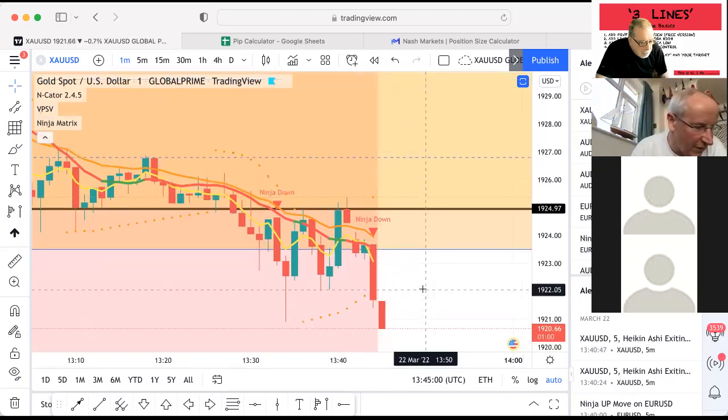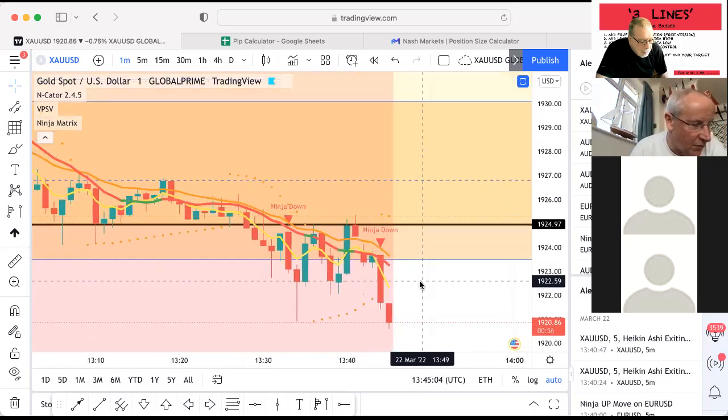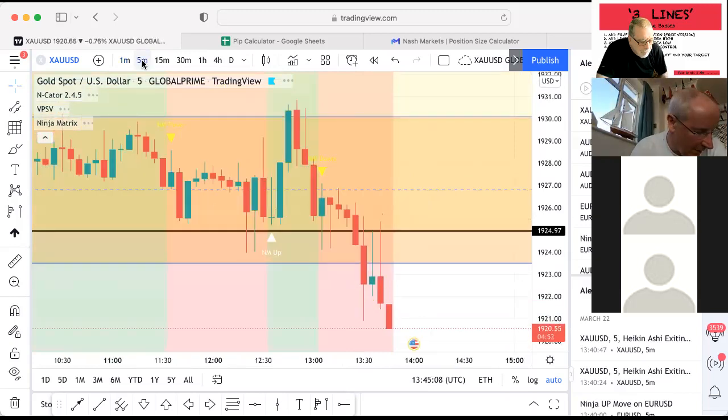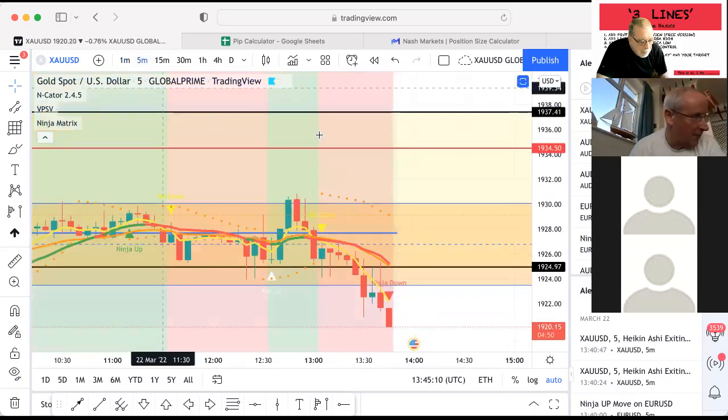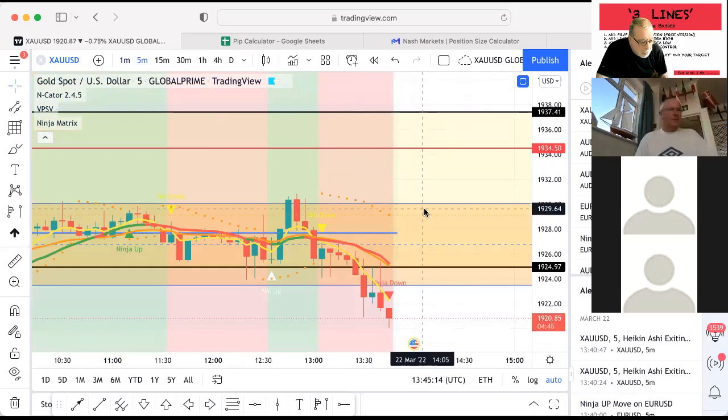This is on a 1 minute chart, which is quite scary sometimes. Go back to the 5 minute. Yeah, it is suggesting that it's going to go downwards, but this could be a fake out.